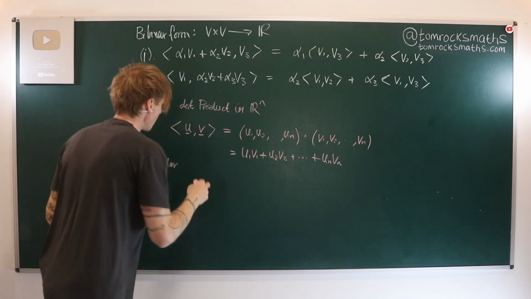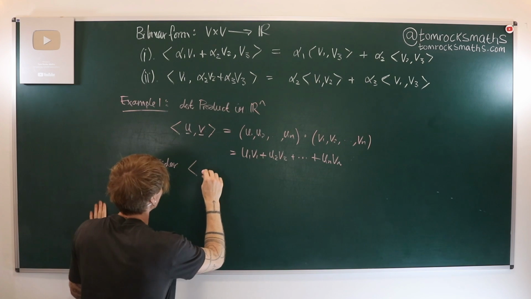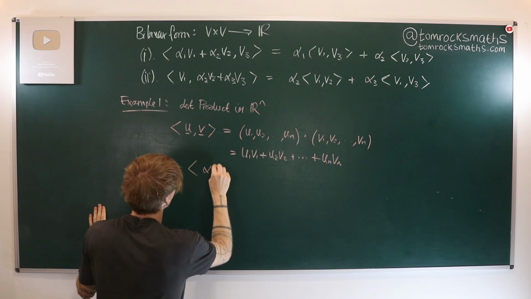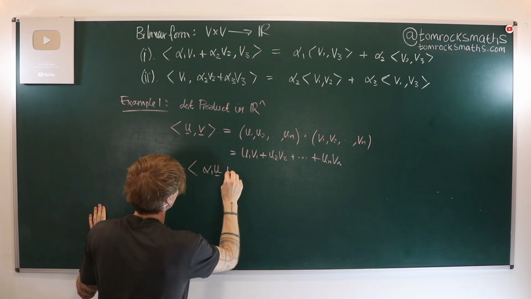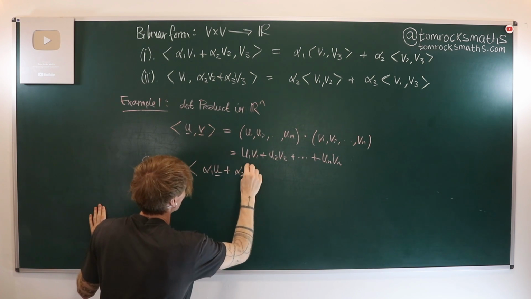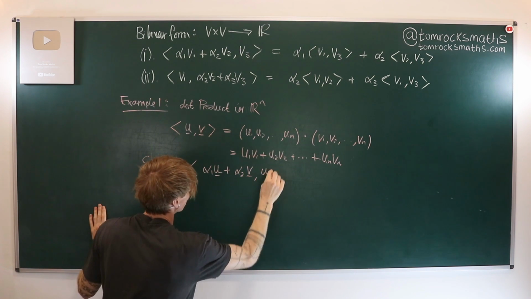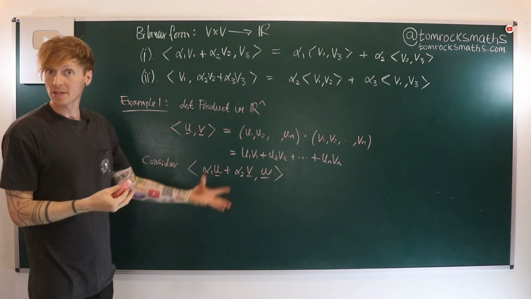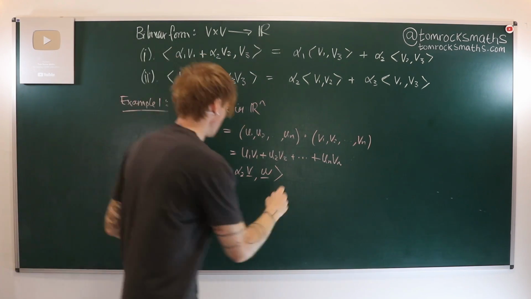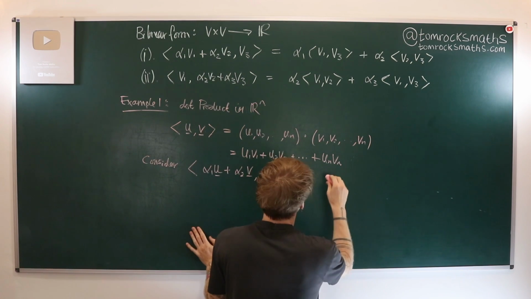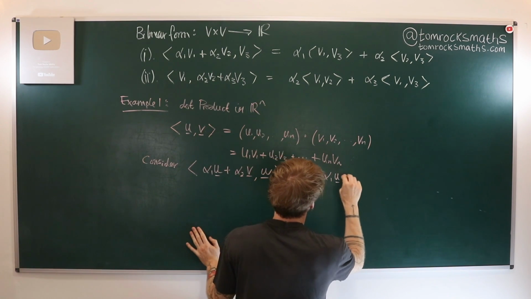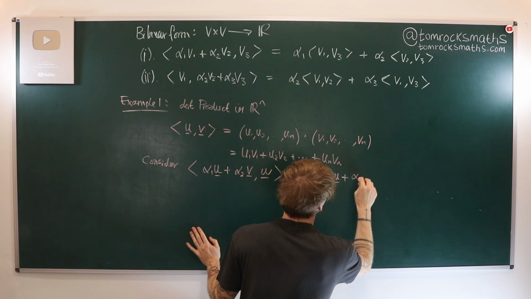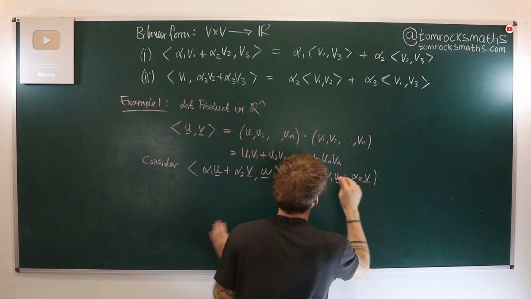So suppose we have now alpha 1 u plus alpha 2 v, and we take that product with w. Then using the definition of the dot product, we just say, well, that's the same as alpha 1 u plus alpha 2 v dotted with w.